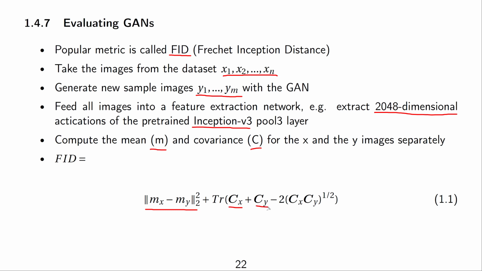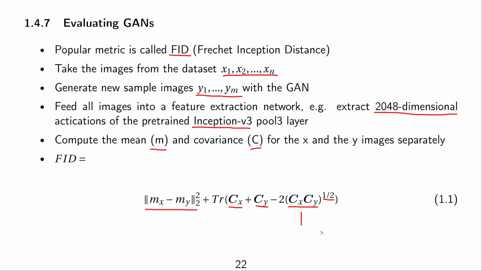So we take the covariance matrix of the real images plus covariance of the generated images minus 2 times, and this is the matrix product. We multiply the two covariance matrices together. Then we take the square root. Now note this is the matrix square root, not the regular square root.